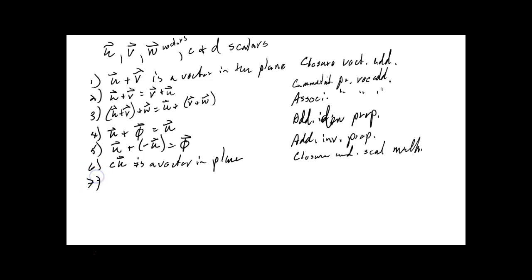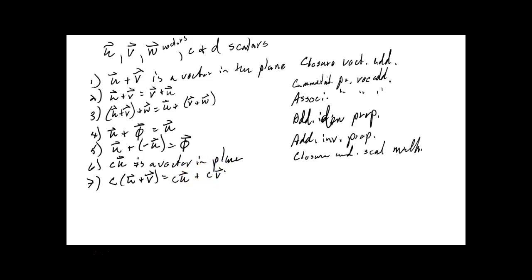Number 7. The first 5 we're dealing with sort of adding vectors. The last 5 are dealing with multiplying scalars by vectors. Now this is one of the sort of distributive properties. If you distribute a scalar over the sum of 2 vectors, c times u plus v, that's the same as c times u plus c times v.